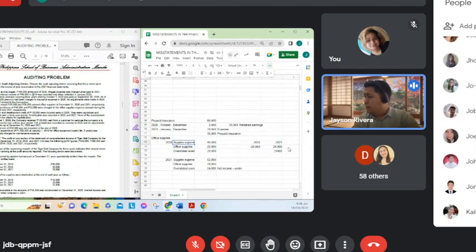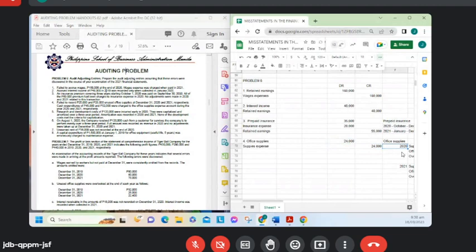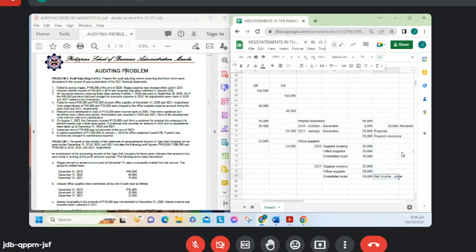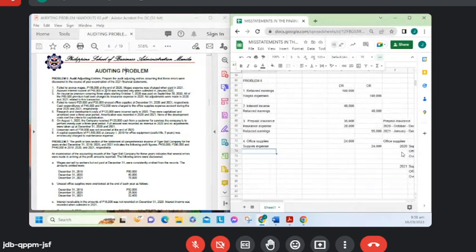And then supplies expense 24,000. So nag-auto-correct na kasi yung 2020, no? So there should be an auto correction in 2020. So it means there will be no adjustment necessary anymore.